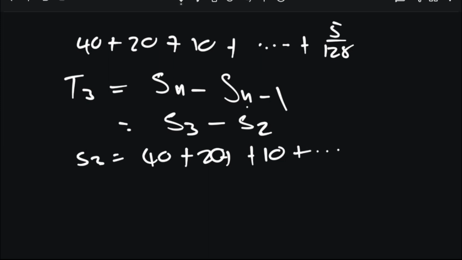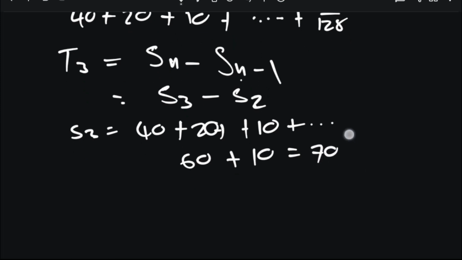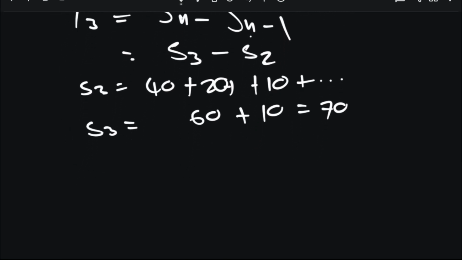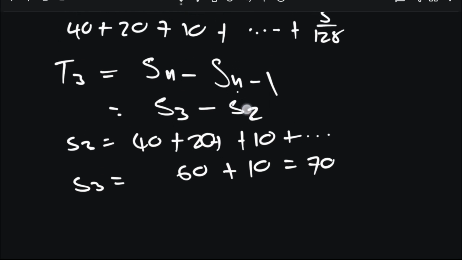Those are the first 3 terms, right? So 40 plus 20, that's 60, plus 10, that's 70, right? So we have S3 is equal to 70. All right, what is our S2? S2 means the sum of the first 2 terms.